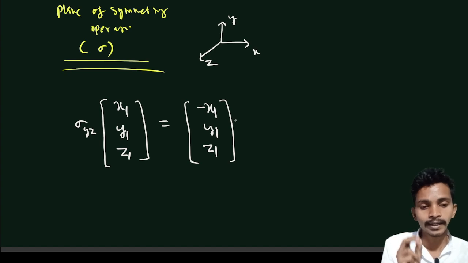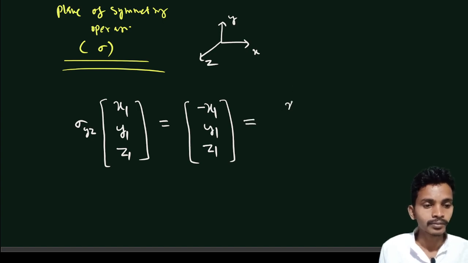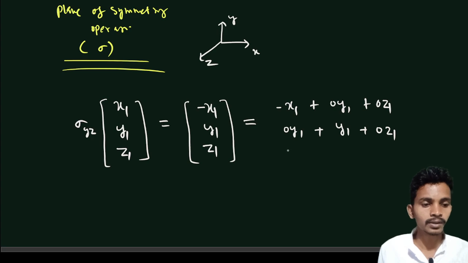So I need the character. Represented mathematically: minus x1 plus 0 y1 plus 0 z1, then 0 x1 plus y1 plus 0 z1, then 0 x1 plus 0 y1 plus z1.